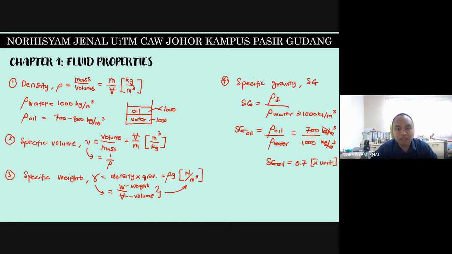For example, a lot of experiment has been done prior to our study by researchers from before. So that's why I know that the density of oil is 700 or 800 kilogram per meter cube, because it was done by a lot of researchers before. So we do have the numbers, so we don't have to do experiment all the time.